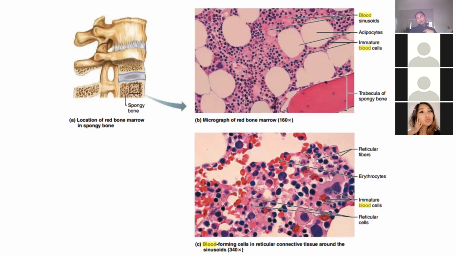Our sternum and pelvic bone have red marrow in adults. That's why hematologists, when they have to do a bone biopsy, go into the pelvic bone. They don't go too often into the sternum, because if they miss it, they go into the thoracic cavity, because behind the sternum we have the heart and the mediastinum, so we don't want that.